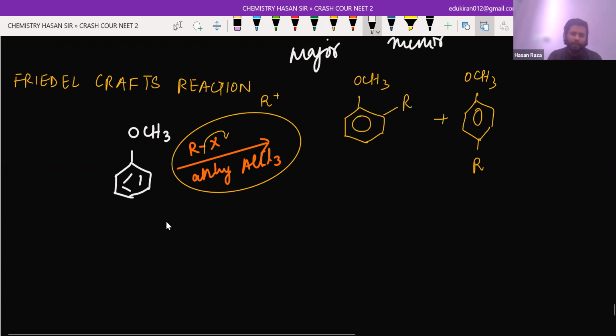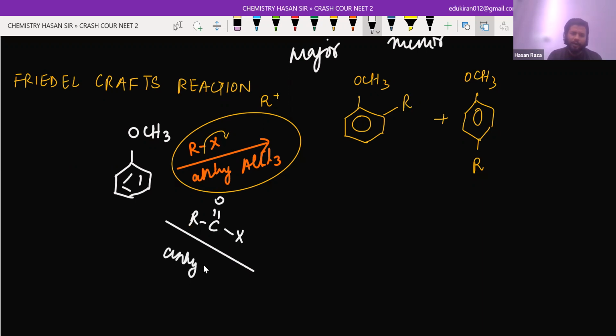Now the next reaction is from acyl halide, RC double bond OX, in the presence of anhydrous AlCl3 again. With this, you will be getting an electrophile, that is RC double bond O positive.